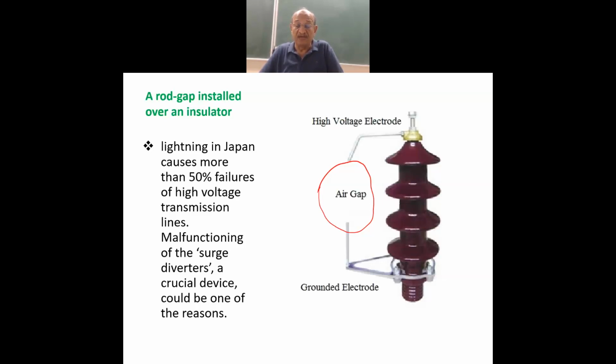Still, if a transient overvoltage comes in the form of a traveling wave, across the two electrodes a flashover occurs above a specified magnitude, because the gap distance determines at which voltage the flashover can occur.